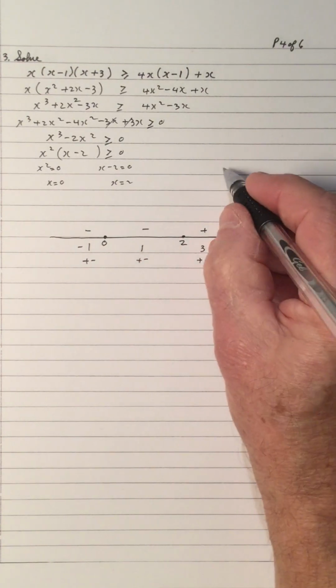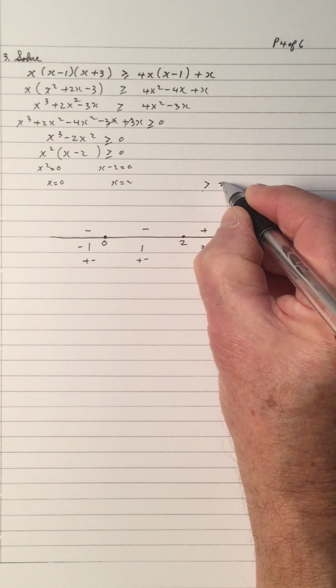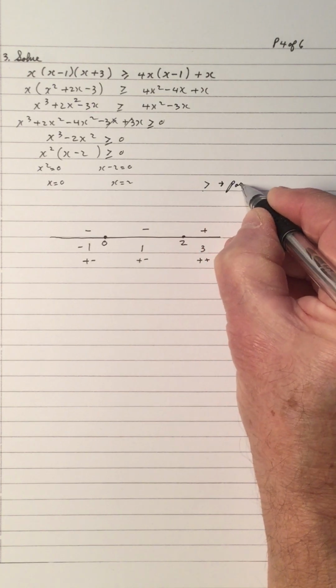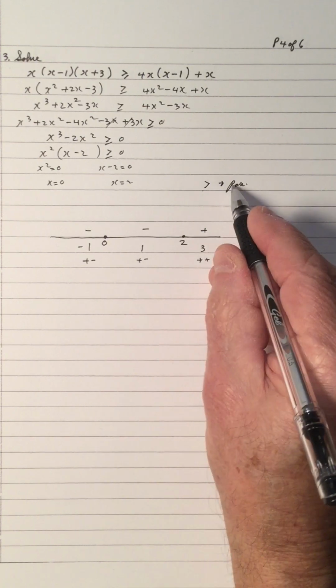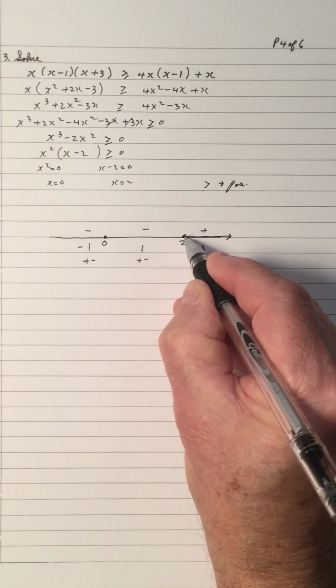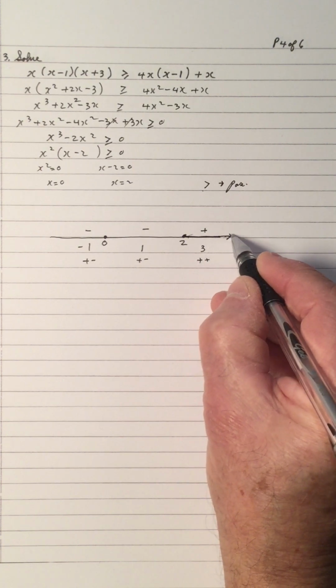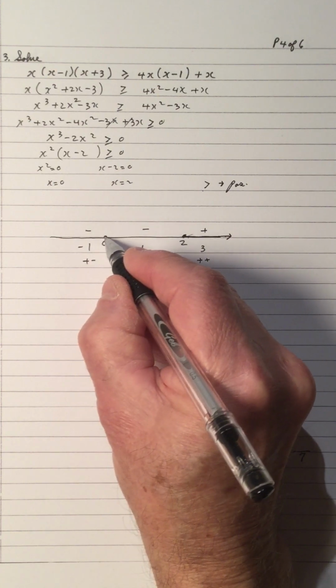So greater than or equal to. So greater than is the positives, and equal to. So we're selecting the positives. So we're selecting this direction here along with the 2. And since this is negative, we can't take it, but we have to take the 0.